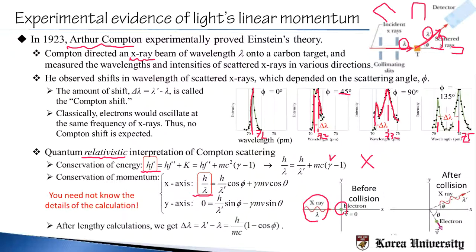And he finally successfully explained that the wavelength after scattering actually depends on the angle. So he was correct, and indeed this experiment proved that Einstein's linear momentum idea was correct. So therefore, now we know light quanta, which we call photon, has a linear momentum even though it does not have mass. Okay.